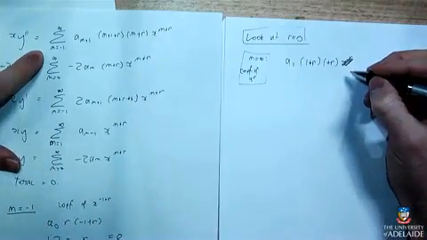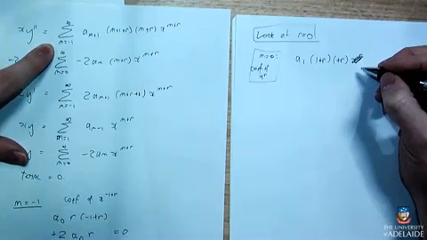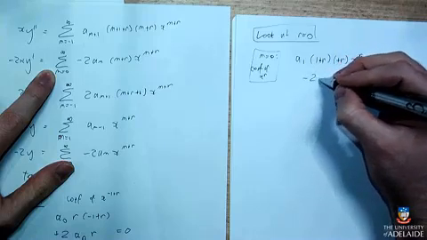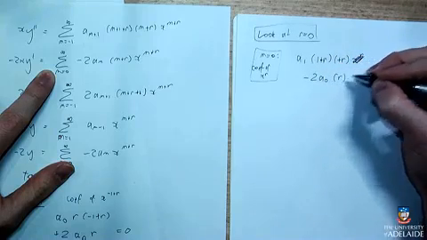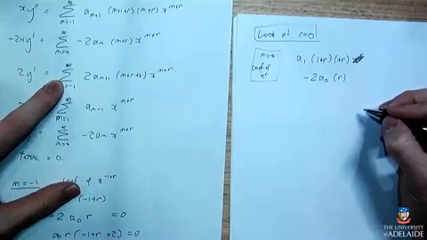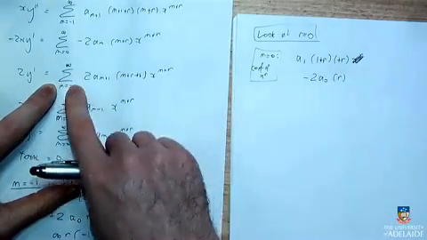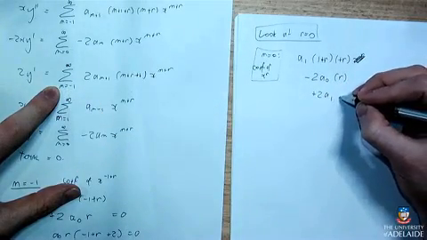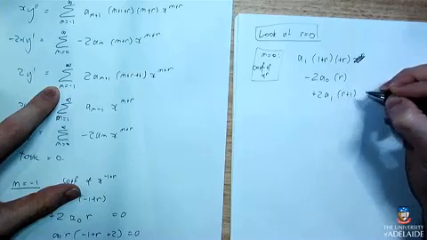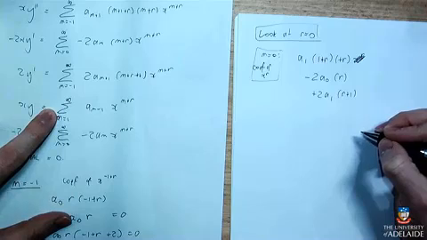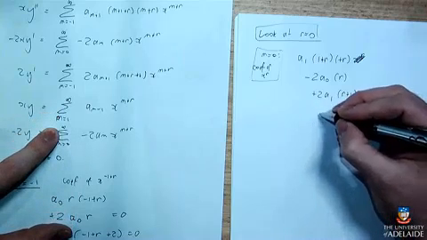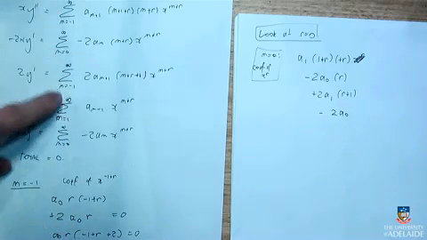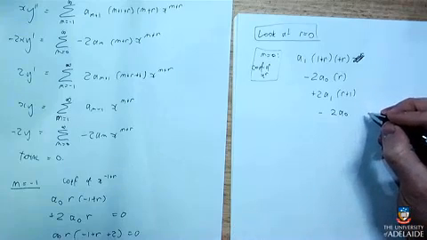So that's this one that had a 0. I'm going to put the r in a second. And when m equals 0, we've got minus 2a0 r. And when m equals 1, this one has a 0 in it as well, so that's 2a1 times r plus 1. This one doesn't have m equals 0, and this one does. So I've found all the ones that have an m equals 0 in them and collected them together.